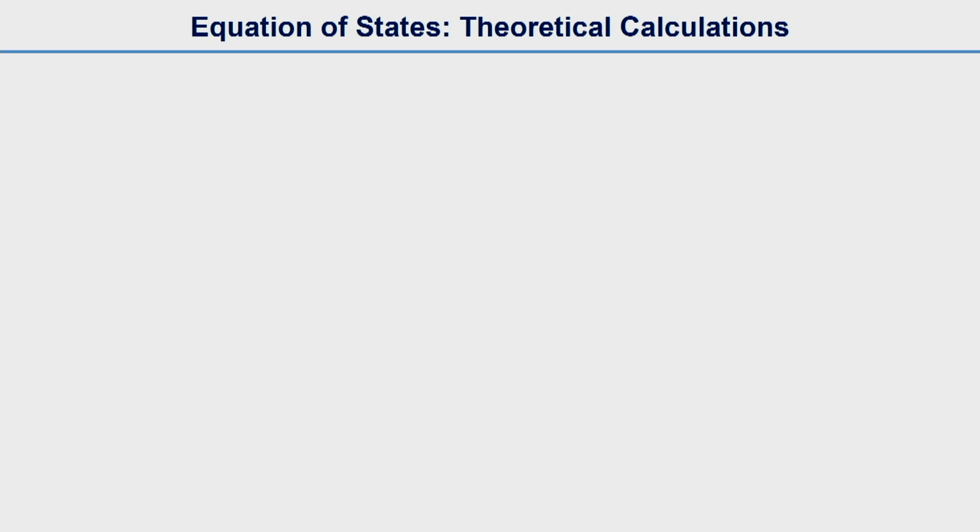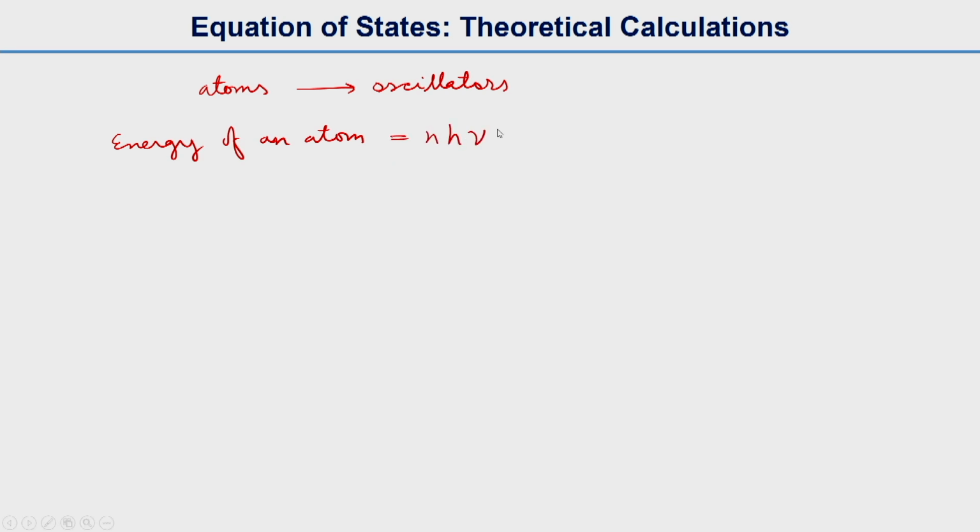In this treatment, these atoms are assumed as oscillators because of the atomic vibration. We discussed the atomic vibrations in one of the first classes. So atoms are assumed as oscillators. The energy of an atom due to this oscillation is n h nu.